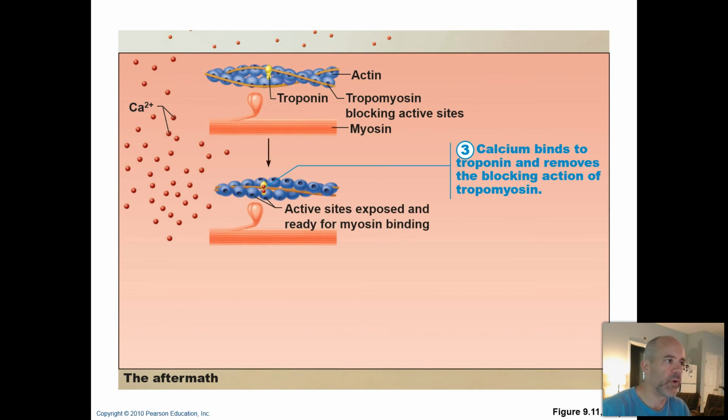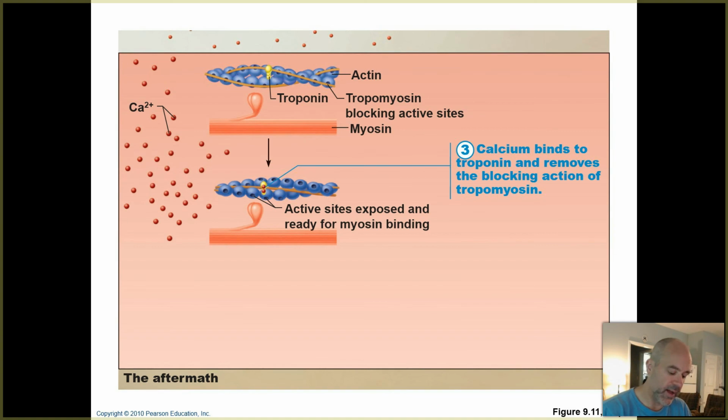All right, so what happens when calcium is around, when you have calcium levels high enough in your intracellular fluids? Calcium binds to the troponin, the yellow protein that you see there, and it causes the troponin proteins to change shape, and they actually pull the tropomyosins, those ribbons, away from the binding sites on actin.